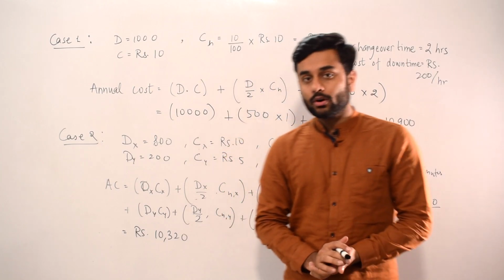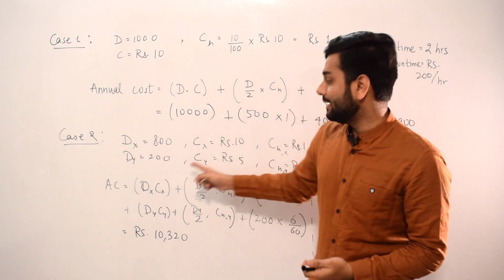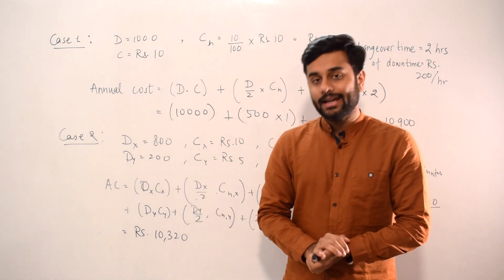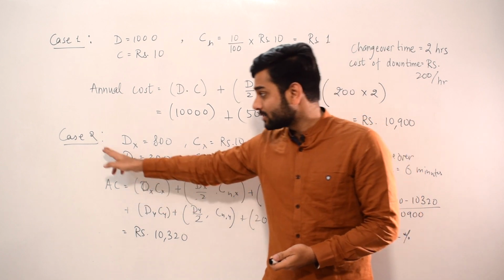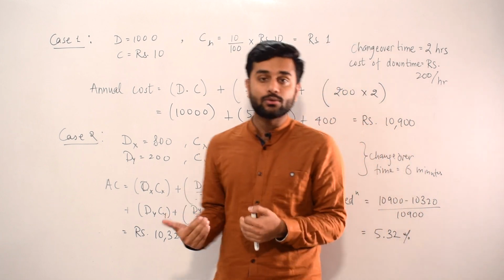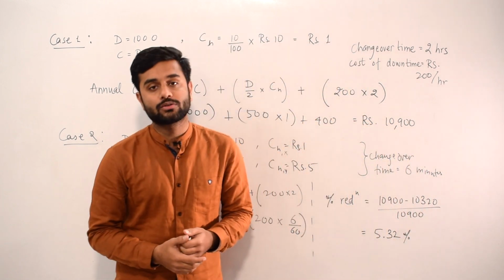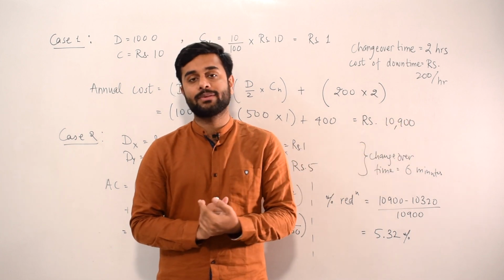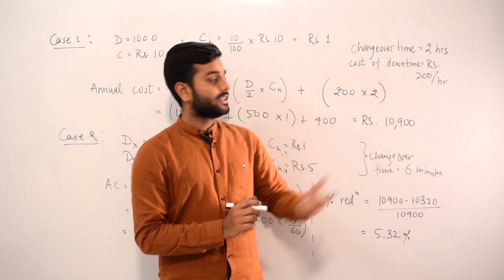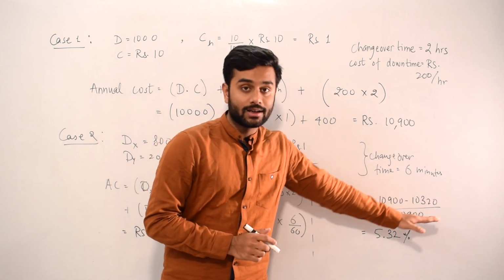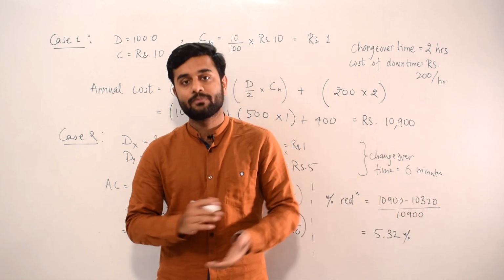Now if we put all the values that I have written here into the expression, you will get the total annual cost for case 2 as rupees 10,320, which has reduced from the annual cost of case 1, which was 10,900. And how much is the percentage reduction? Initial 10,900 minus 10,320 divided by 10,900, the initial one, correct?